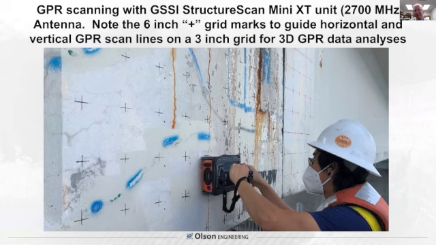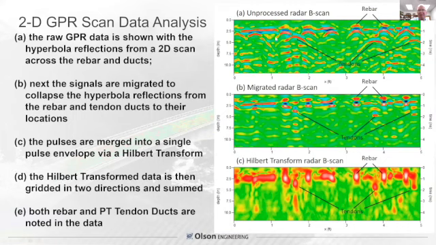All right, having said that, let's take a look at the data. So in the upper right is the unprocessed radar, so-called B scan, because you've got distance plotted along the bottom axis, and depth from the surface going into the member. So this shows tendons. In this case, we were scanning for tendons vertically that are showing up here as these features that are hyperbolas along the length.